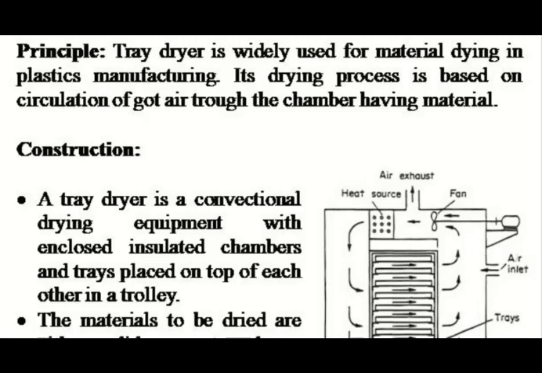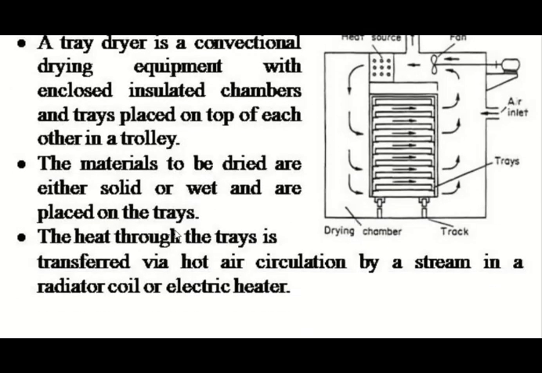Now we shall see the construction of tray dryers. The tray dryer is a conventional drying equipment with an enclosed insulated chamber and trays placed on top of each other in a trolley.